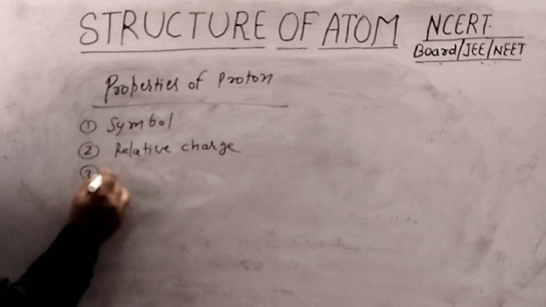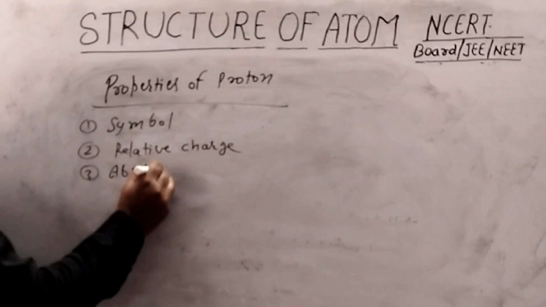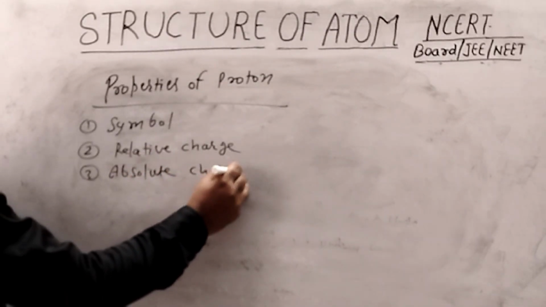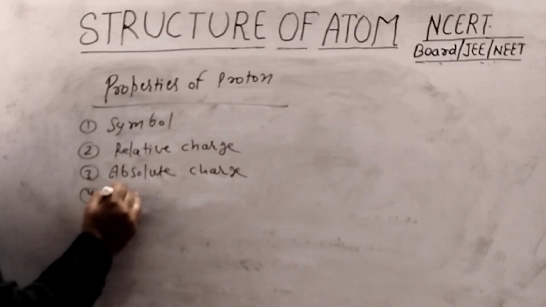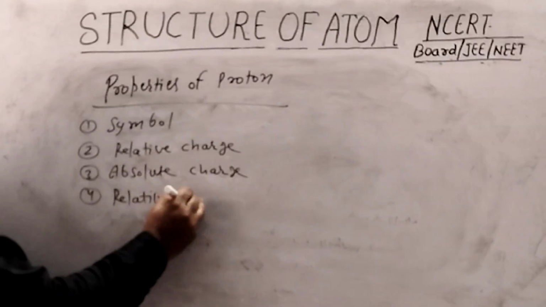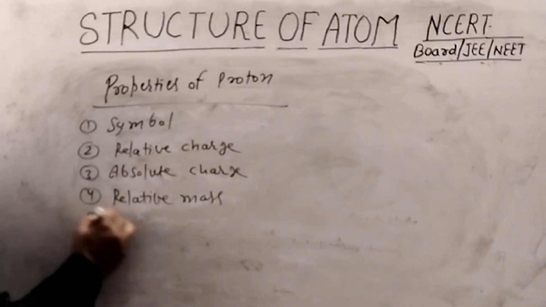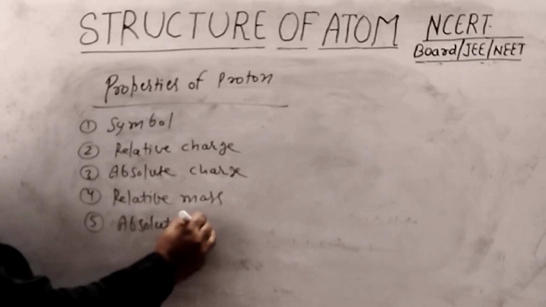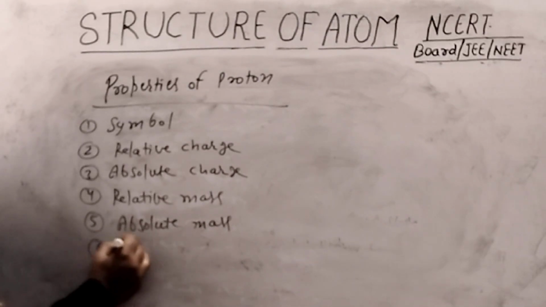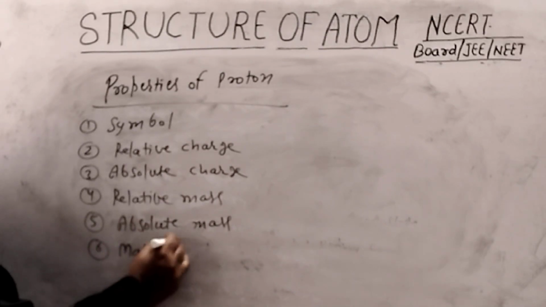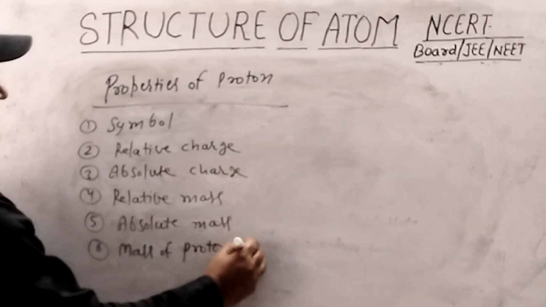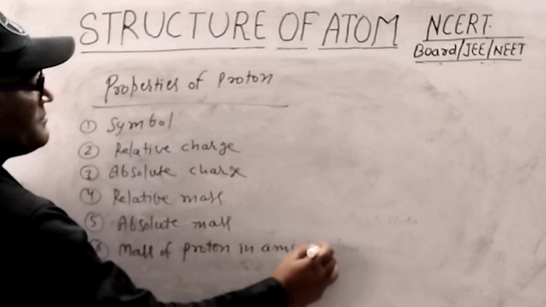Third is absolute charge. Fourth is relative mass. Fifth is absolute mass. And sixth is mass of proton in AMU.